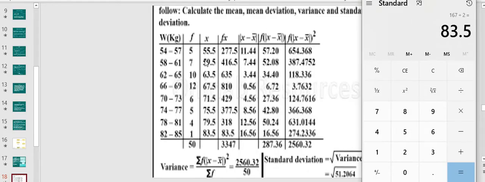We will multiply 55.5 with its corresponding frequency, which is 5, equal to 277.5.